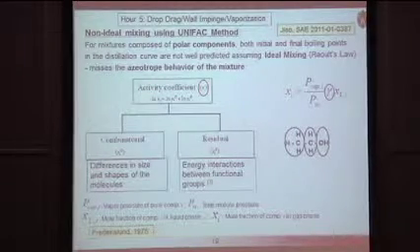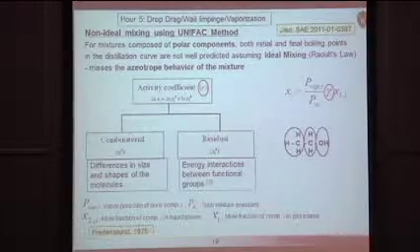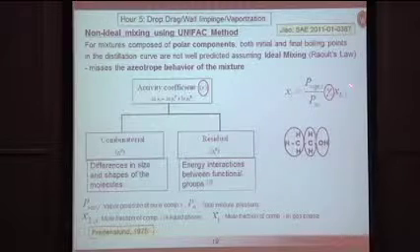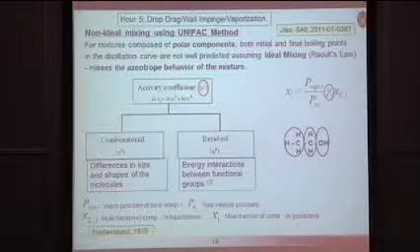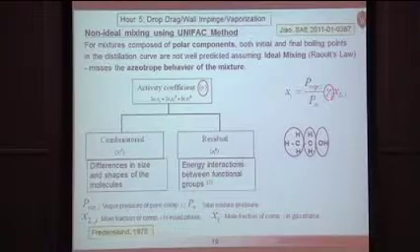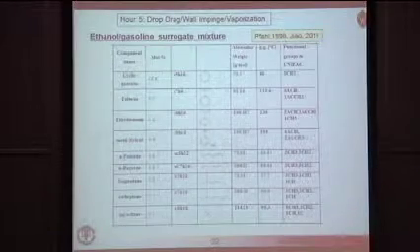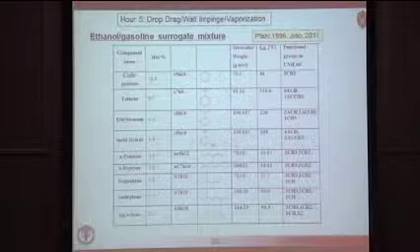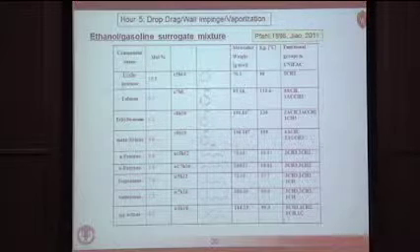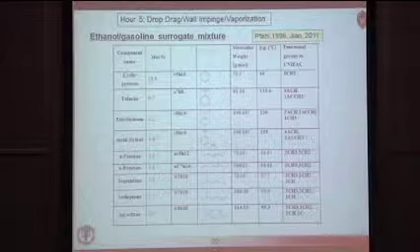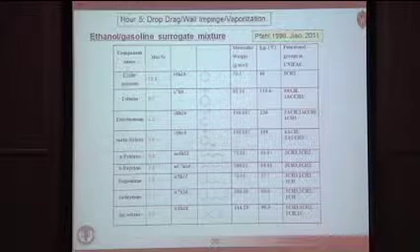So, in the vaporization model, then, what we do is, instead of treating each component individually, there is an interaction through these activity coefficients. So, if you look at a surrogate mixture here for ethanol and gasoline, that's published in this paper here by one of my students.